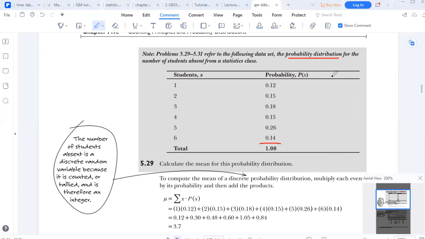So the mean is simply found by multiplying our variable x times the actual probability. So we're going to multiply 1 times 0.12, 0.12. 2 times 0.15, 0.3. 3 times 0.18, can you help me? 0.54.